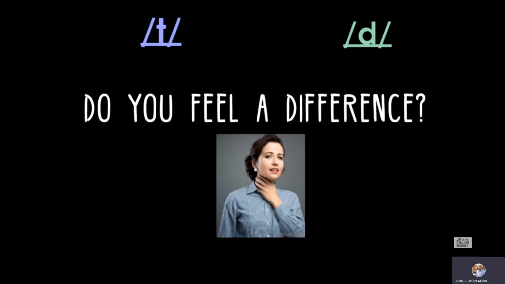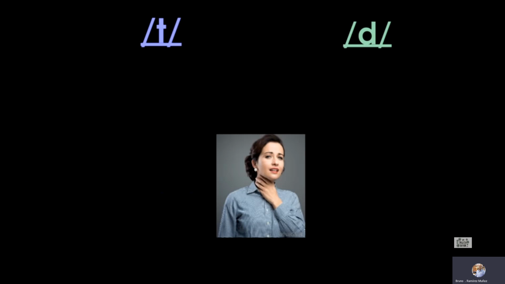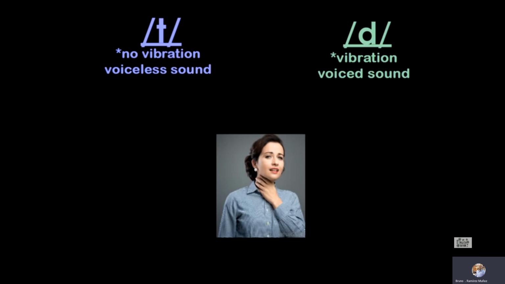Do you feel a difference? Notice when we say t, there is no vibration. And that's because t is a voiceless sound. When we say d, there is vibration, and we have a voiced sound.